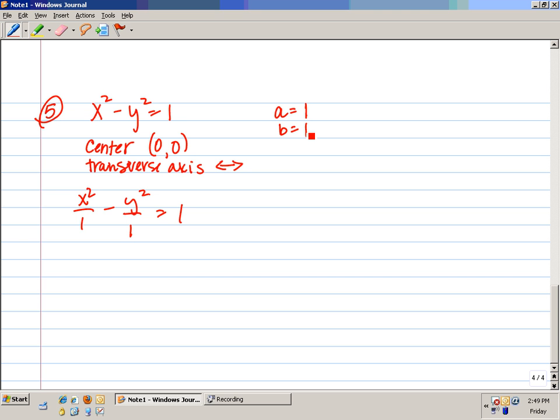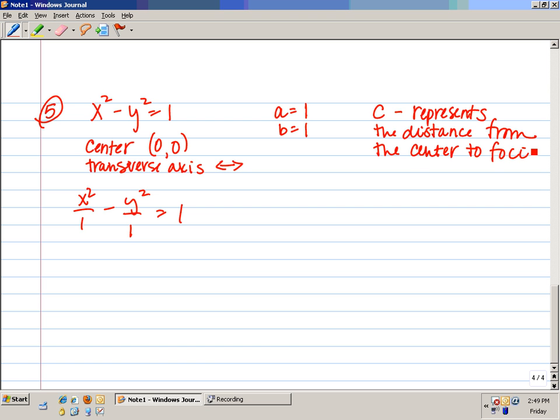Now c represents the distance from the center to the foci.